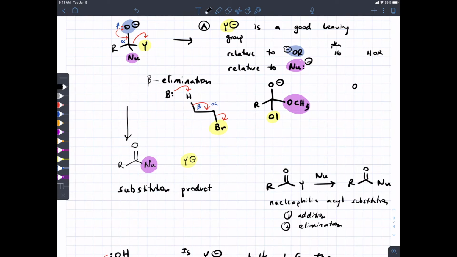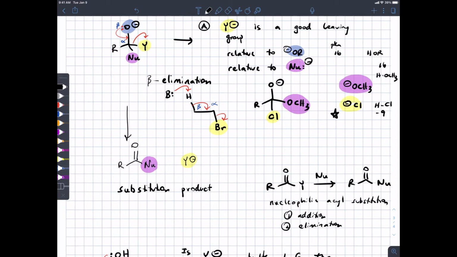So think about what the nucleophile looked like before it attacked, or what it would look like if it left. Think about the potential leaving group and what it would look like if it left. Now we ask which of these is a better leaving group. To make that comparison, we draw the conjugate acid and compare pKa 16 and like -9 or something like that. So clearly the chloride is the better leaving group.